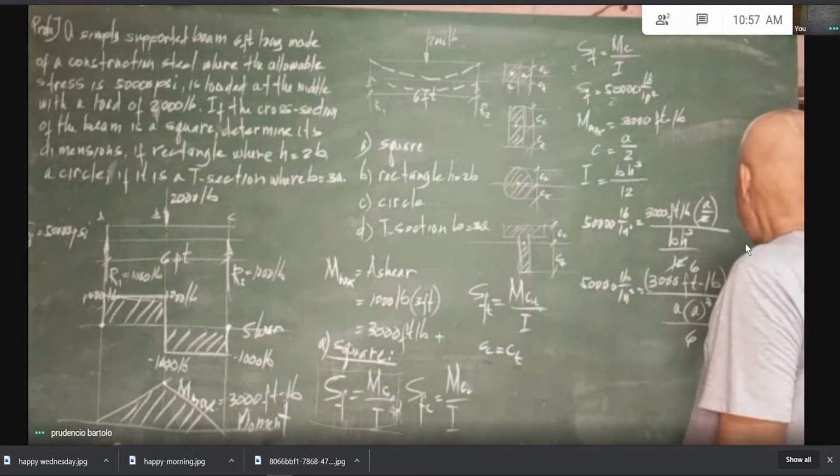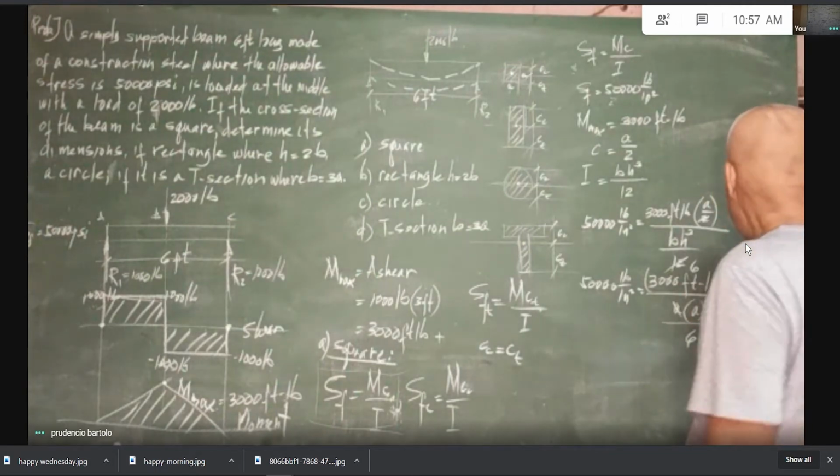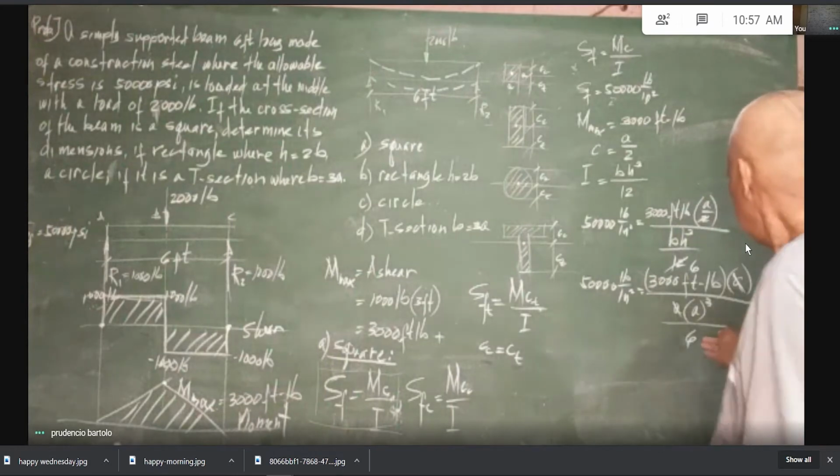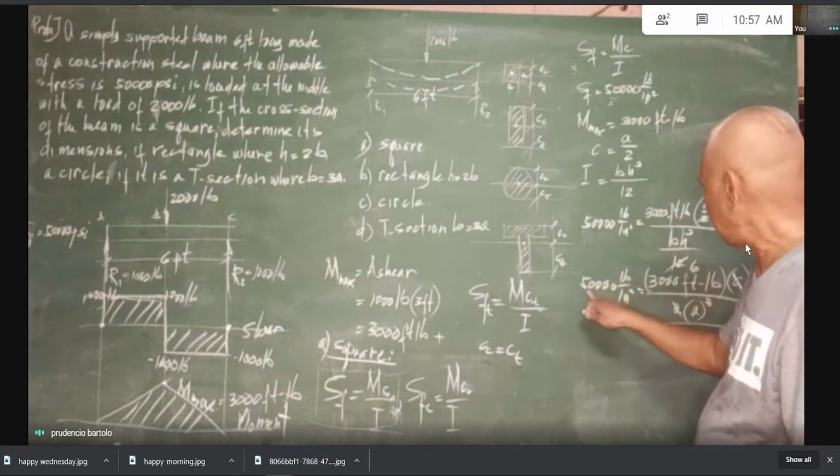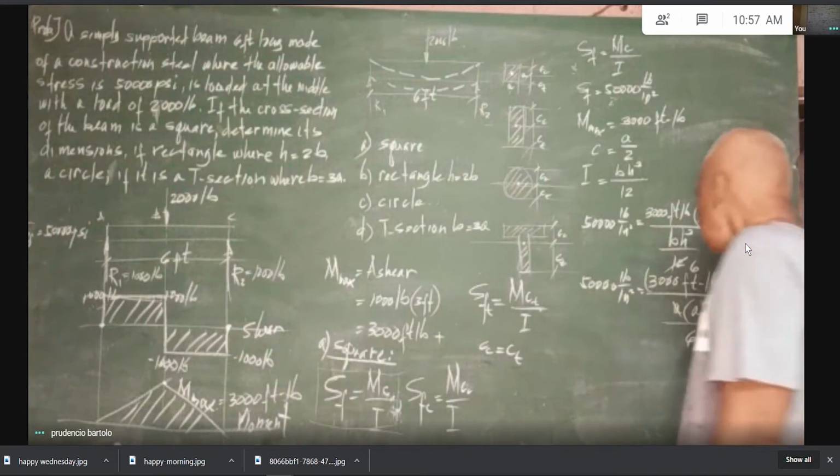So a and a here cancel out. The 6 goes up in here, 50,000 goes down in here.